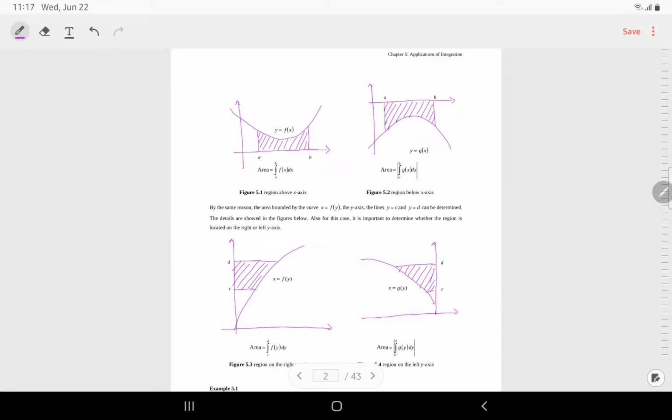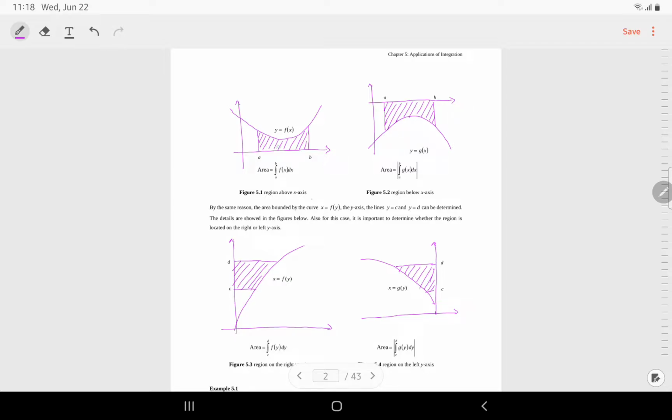Here we have 4 different formulas for area. For the first figure, figure 5.1, you can see the area of the region bounded by the curve.